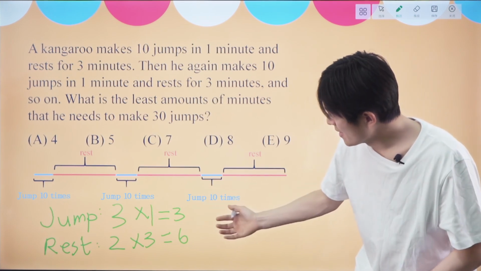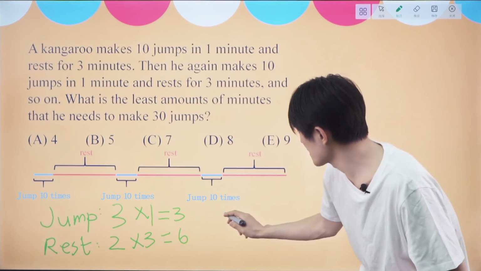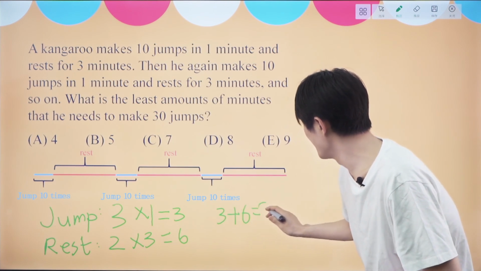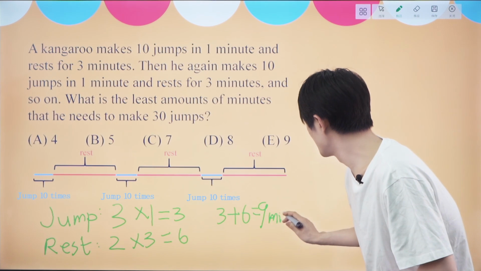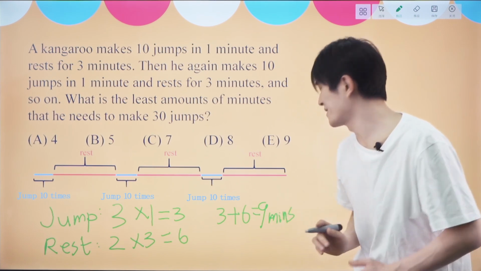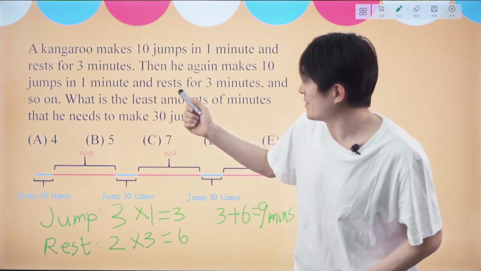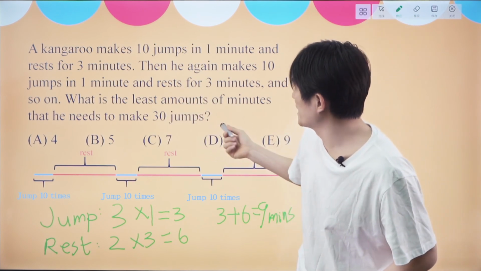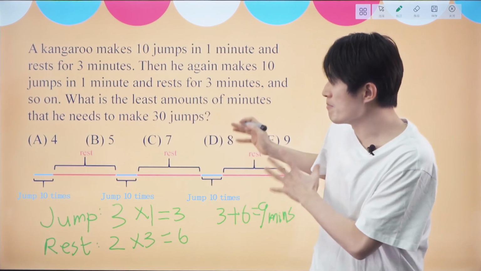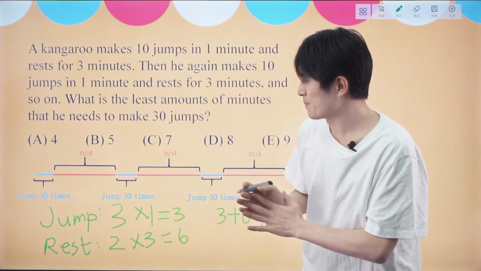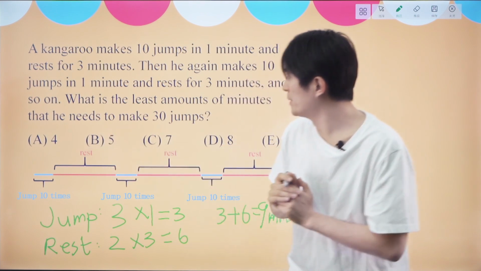So 3 plus 6 is 9. So 9 minutes. So that's how you find the time and the least amount of minutes that he needs to make 30 jumps. 3 times of jump.